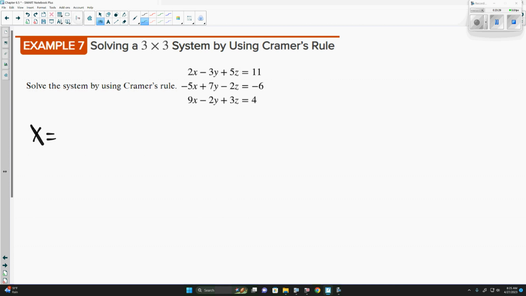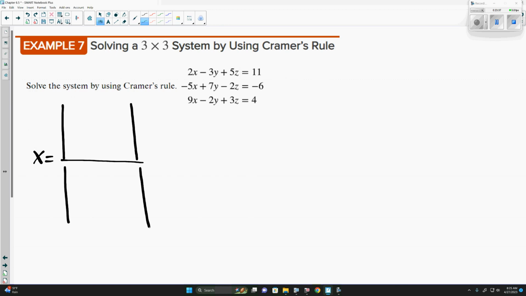I'm probably going to need a little more space than that. As for x, we're going to have determinant of the top and determinant of the bottom. Now the bottom is just going to be the numbers in front of x, y, z. So we'd have 2, negative 3, 5. Negative 5, 7, negative 2. And lastly, 9, negative 2, 3.